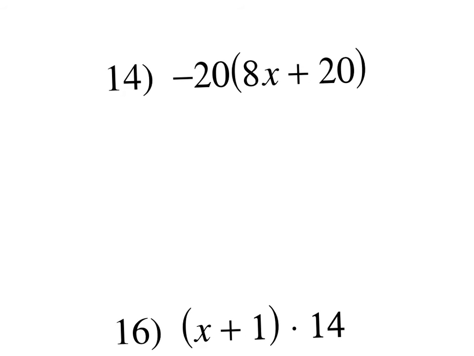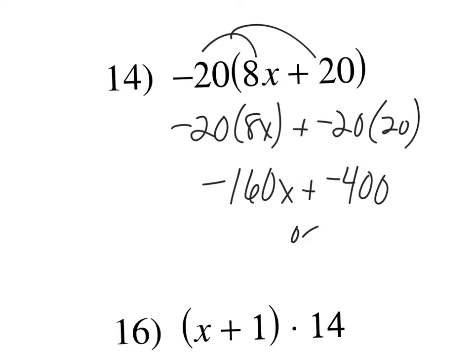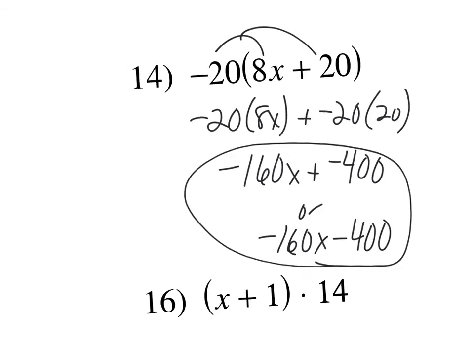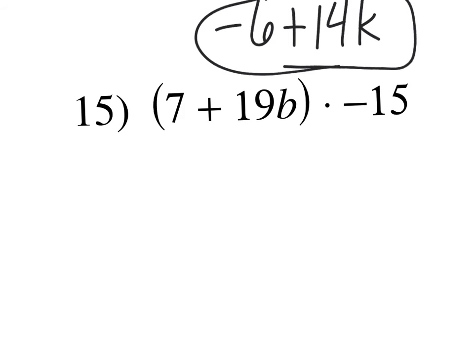Number 14, you can go ahead and distribute that. Would be -160x plus -400, or you could have -160x minus 400. Number 15, you may want to switch this around. It's being multiplied by -15.